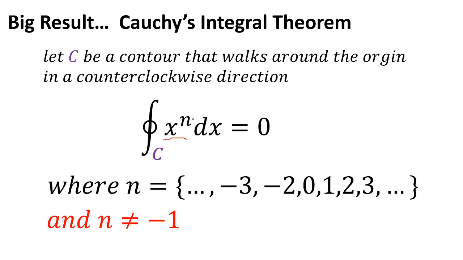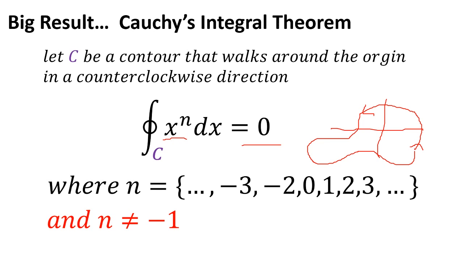What this theorem says is that if you have these simple polynomials and you have a path, let C be a contour that walks around the origin in a counterclockwise direction. So, we have an origin here, and we have a pathway that does whatever it wants, doesn't cross the origin, but goes in a counterclockwise direction. This will always be 0.